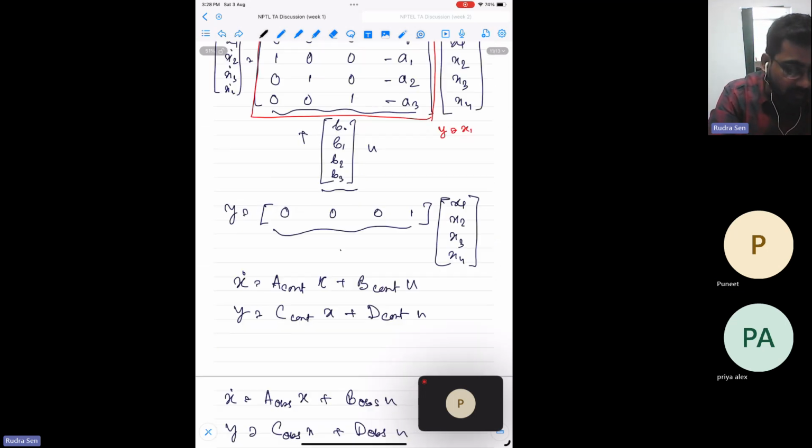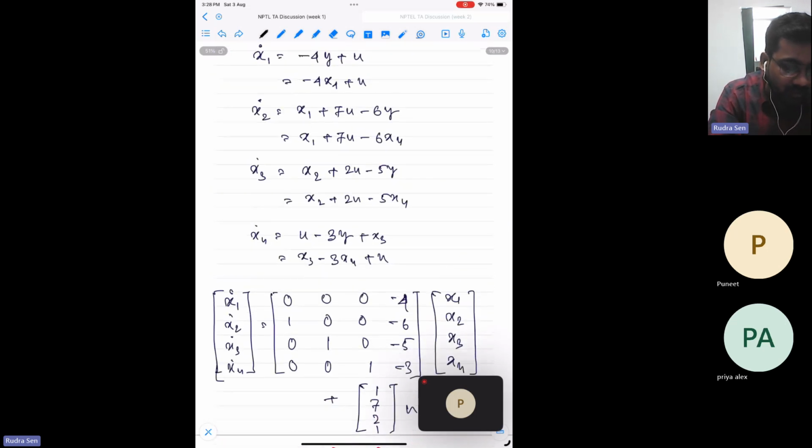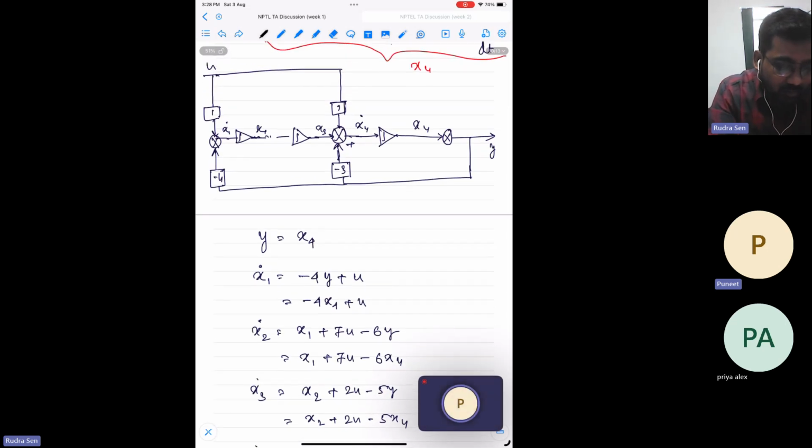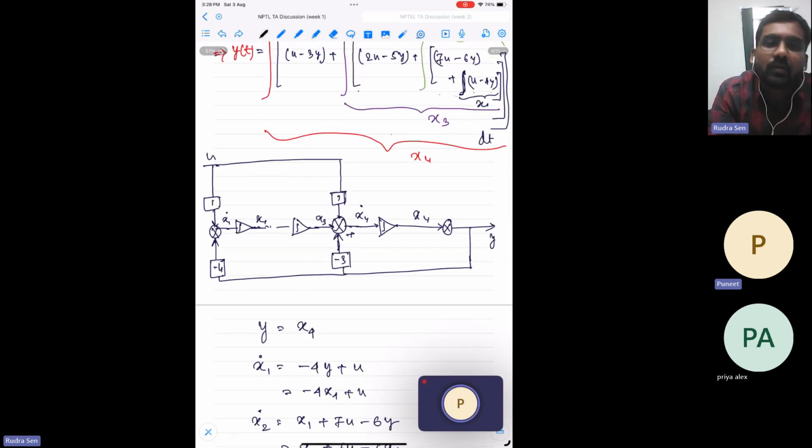I'm just not understanding what your actual concern is. My actual concern is what is the reason behind having these different canonical forms, why sometimes we have observable and sometimes controllable. Is there some uniqueness, or can we conclude something from the matrices?